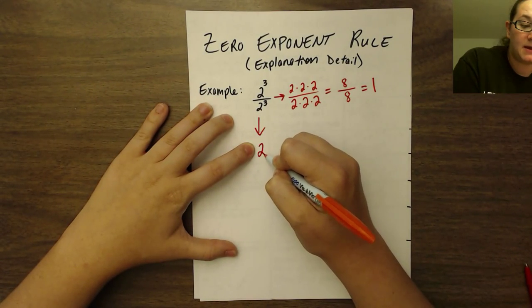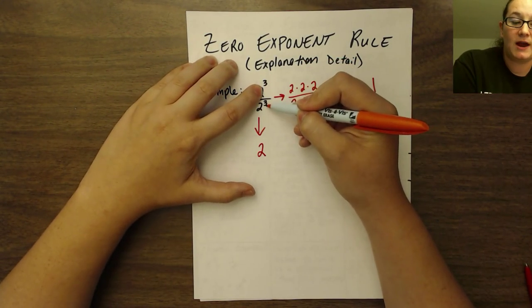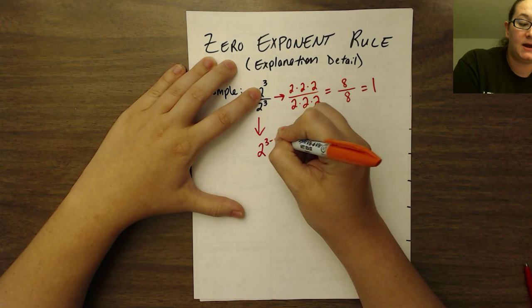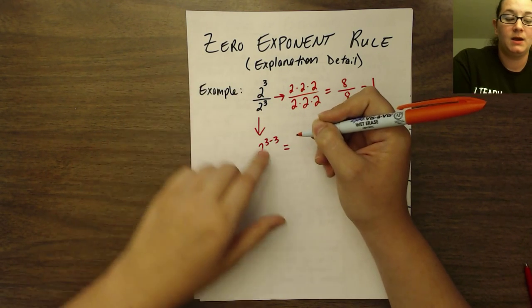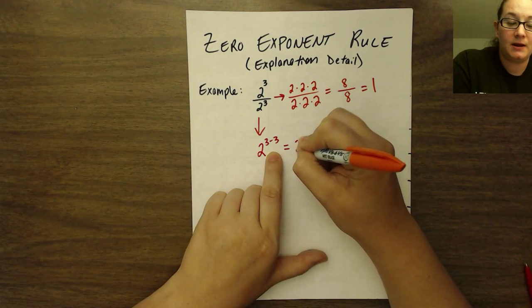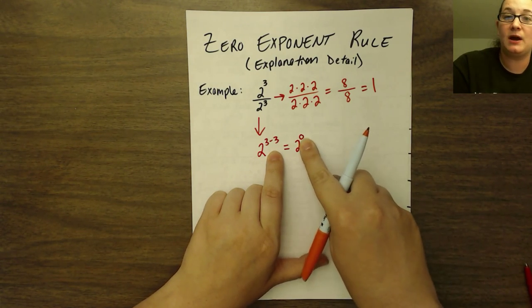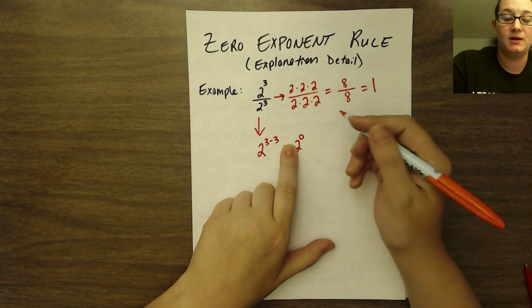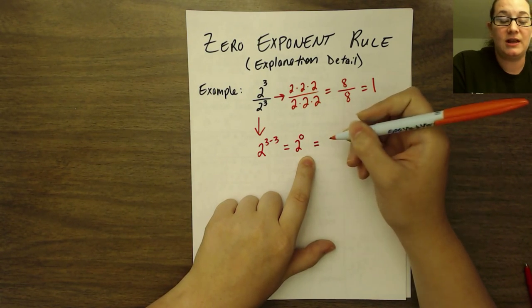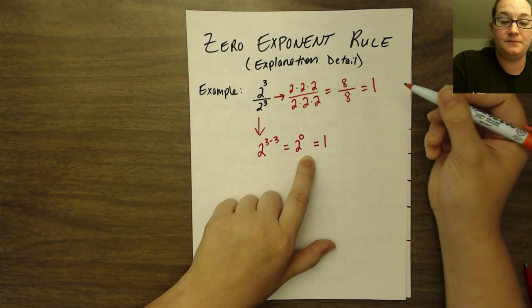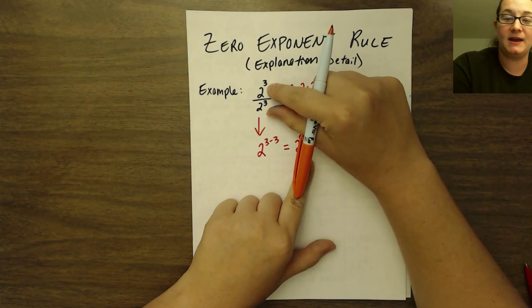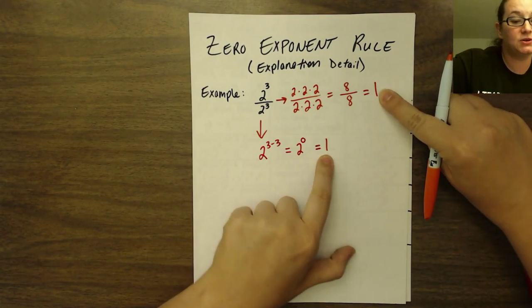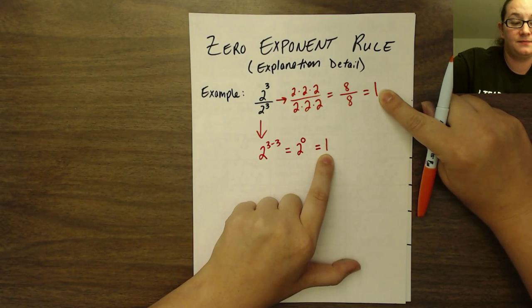It said to keep the same base. And I'm subtracting the exponent. So I have 3 minus 3. And 3 minus 3 is 0. So that's why that 0 rule comes in, if I have an exponent of 0. Well, I just learned that anything to the 0 power is 1. And since my problem didn't change, my result shouldn't change either.